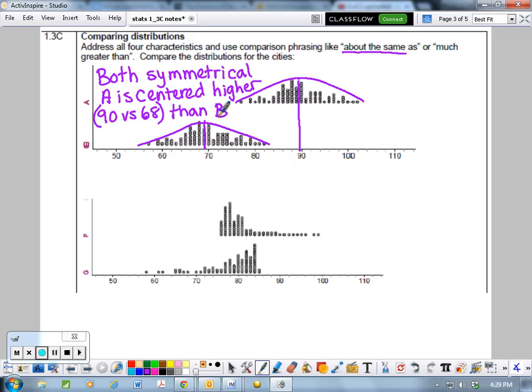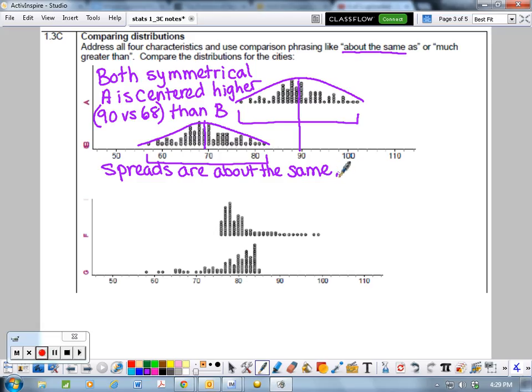Then B. There's spreads, and I'm going to go ahead and just go with range because that's really quick to address. Their spreads are both probably about 22 or so. And it doesn't look like there's any outliers.